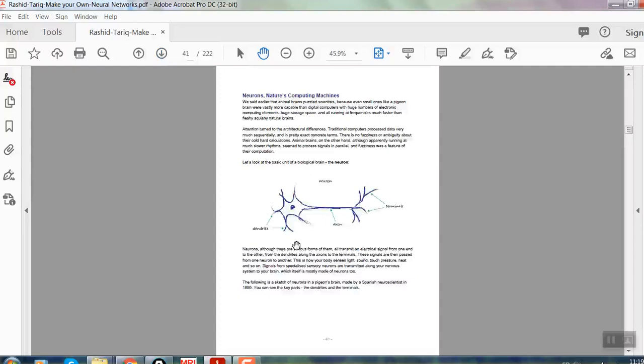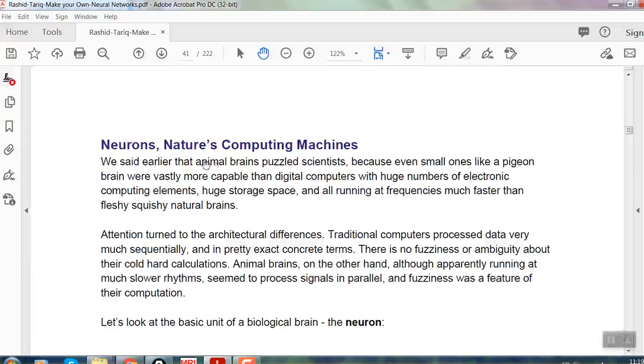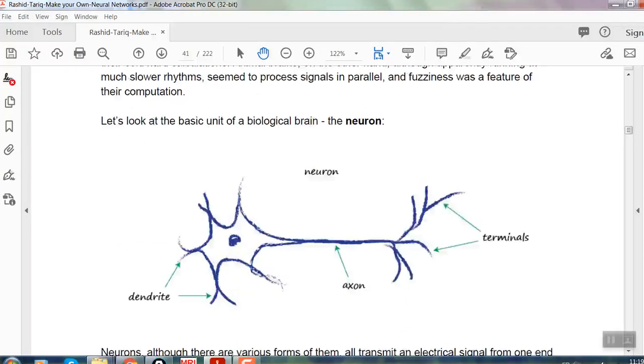Then we refer to neural networks. As you heard before, or maybe this is new for you, in our body, for transmitting signals to the brain, there are some special cells. We call them neurons.